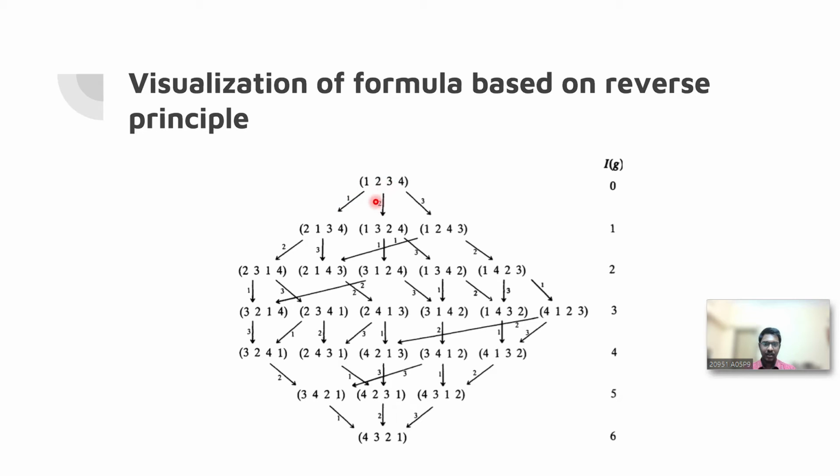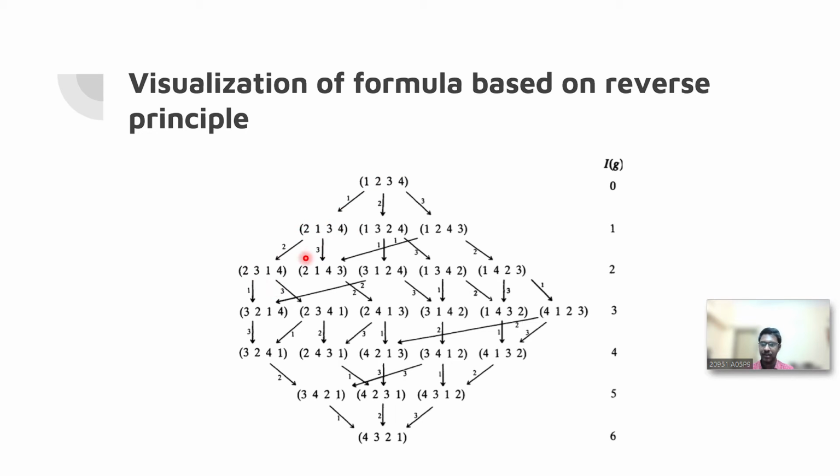At the second position, 2 3 will be mirrored and we get 3 2, and 1 and 4 are not disturbed. At the third index position, 3 and 4 are mirrored, so we get 1 2 4 3.